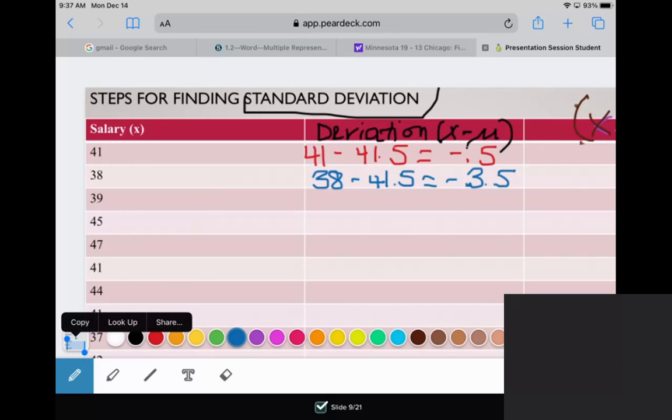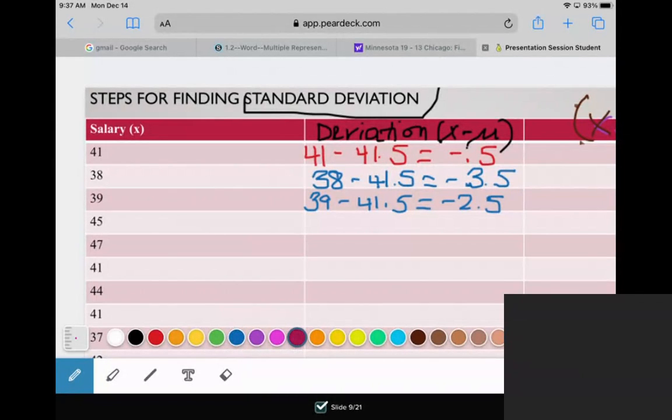So you can copy this down. Basically, I'm just finding the deviation. How do I find the deviation? I take the score, the salary, minus the average. Okay, I'm going to try to change to a different color so it's easy for you to see.